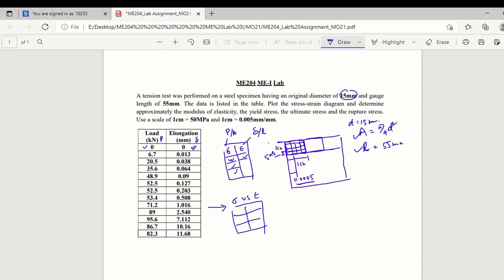Yes, sir. Then according to the scale, you have to plot. Understood? Yes, sir. Okay, I can show you one thing. The actual values will be coming as, just a minute.